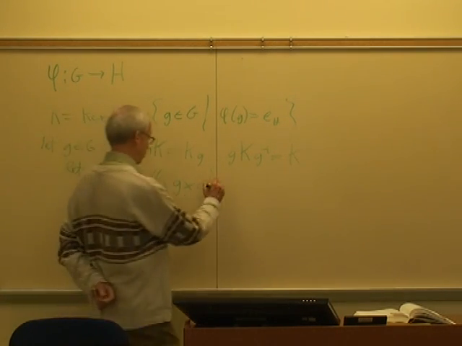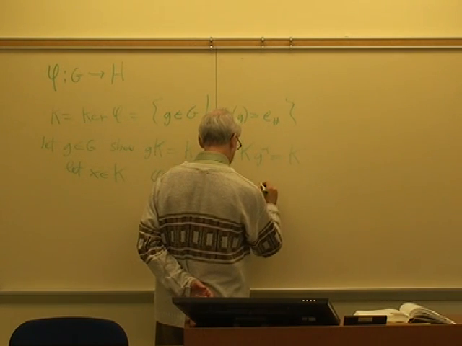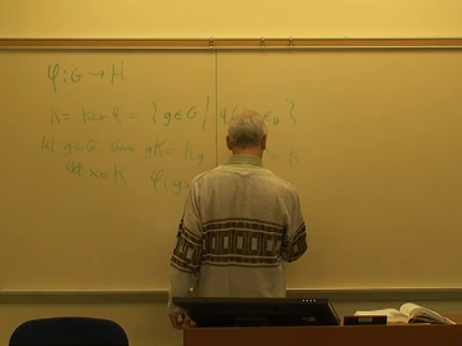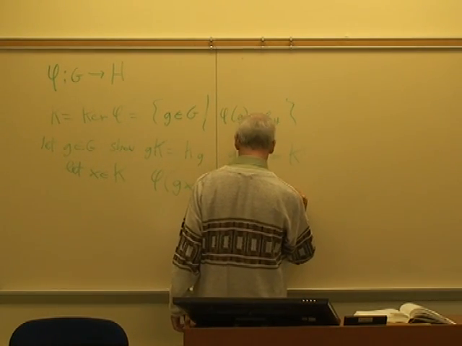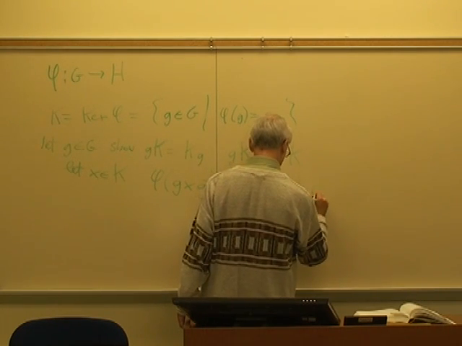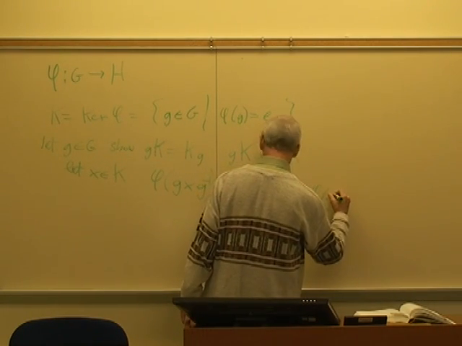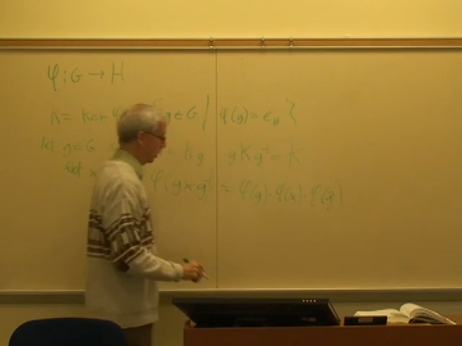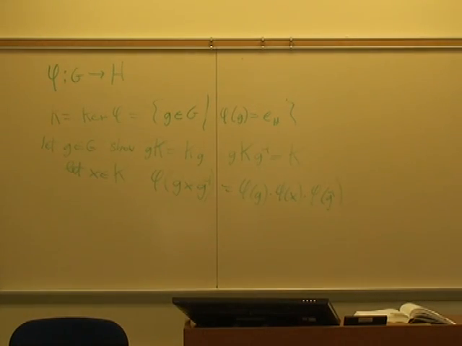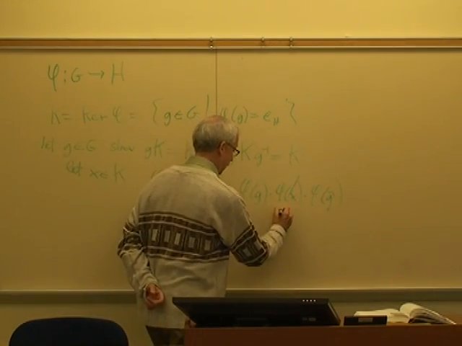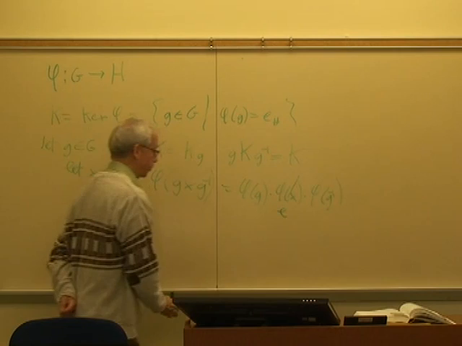Well, it's a homomorphism, so that's phi of g times phi of x times phi of g inverse. But what's phi of x? It's in the kernel, so it's the identity, right? And what did we learn about homomorphisms?